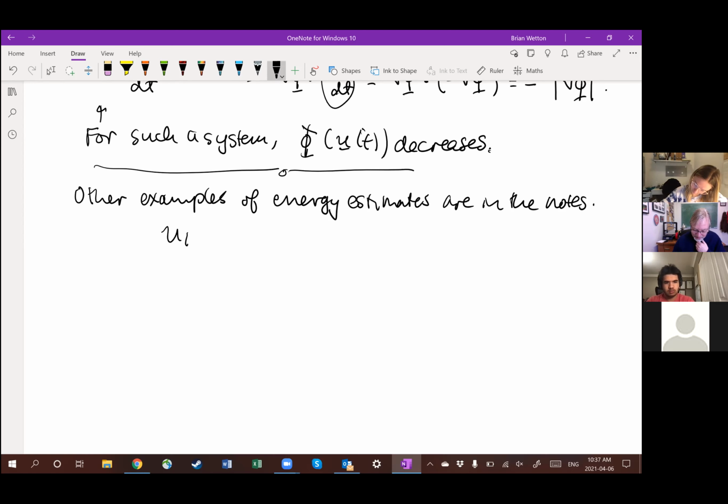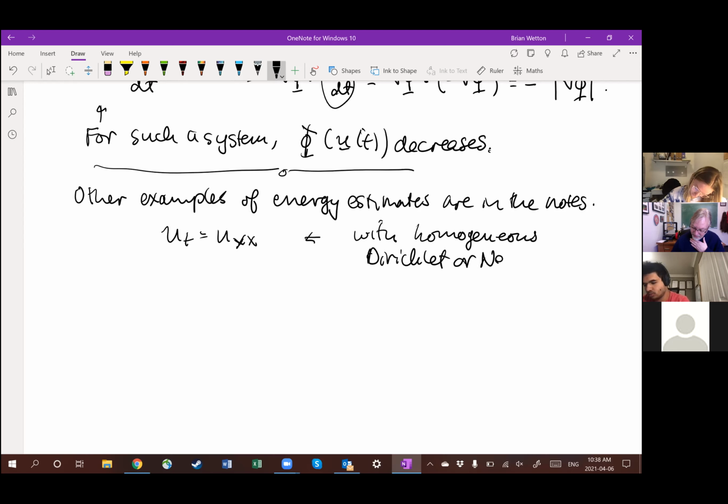Let's look at our old friend, the heat equation, with homogeneous Dirichlet or Neumann conditions on a finite interval. So really our old friend, you know, sine series, cosine series, heat equation.